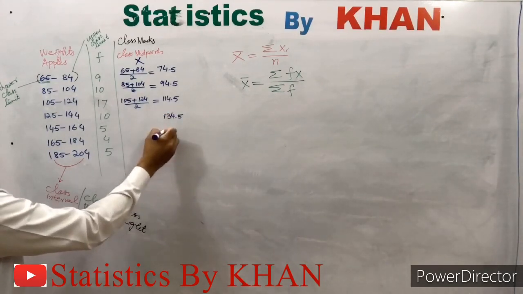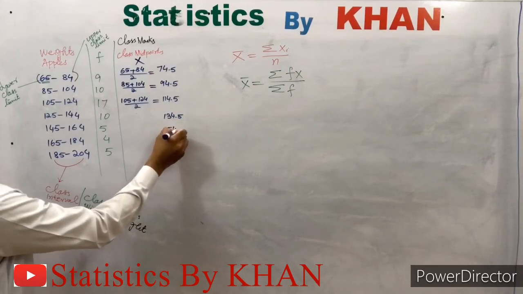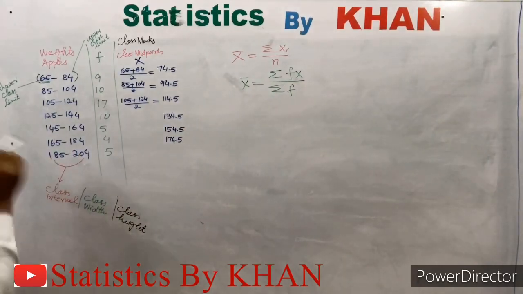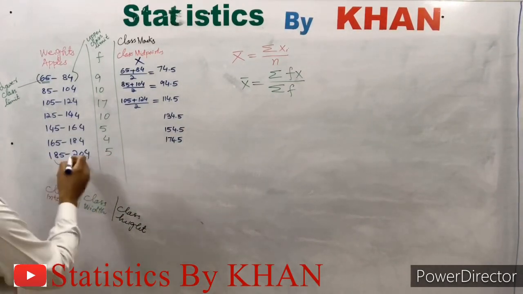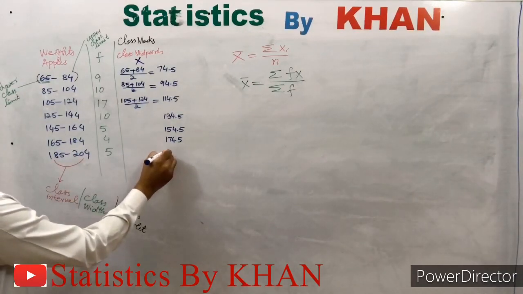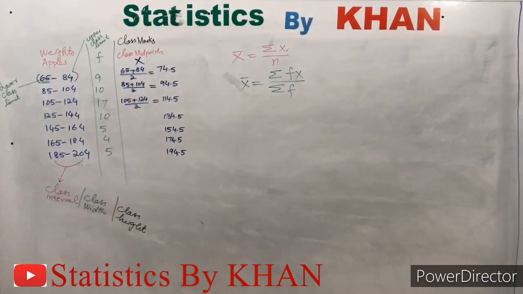For the next class, we will get 154.5. And for the final class, we will get 194.5. So now these are the midpoints and they are being considered as values of x.